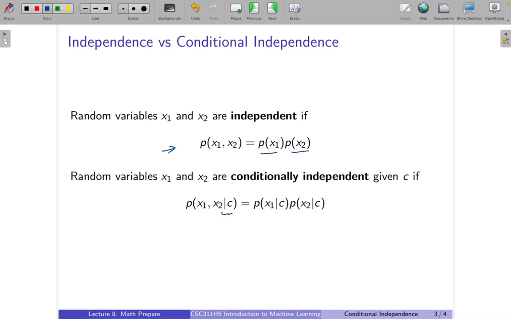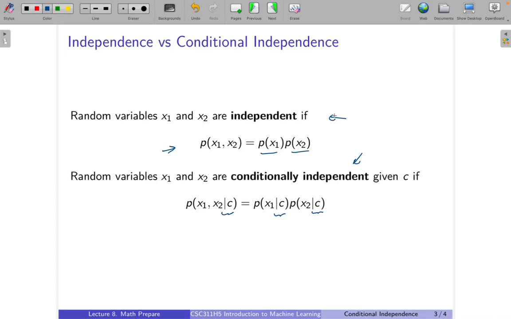The difference here is we have this conditioning on C. And in fact, conditional independence and independence are two completely different concepts, and a distribution can be independent without the conditional independence property and vice versa.